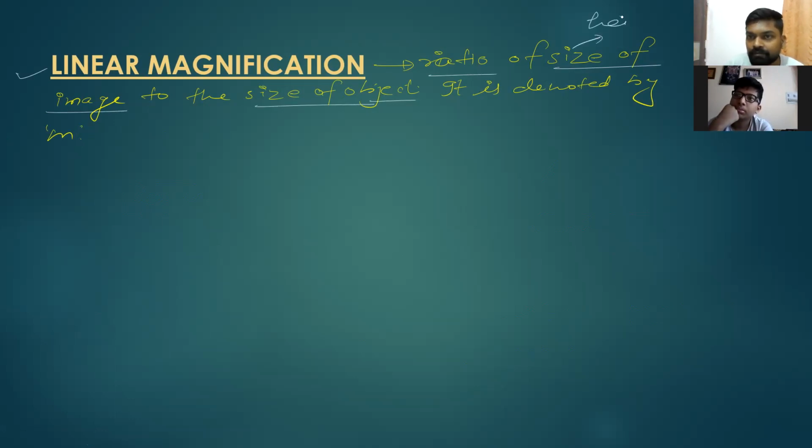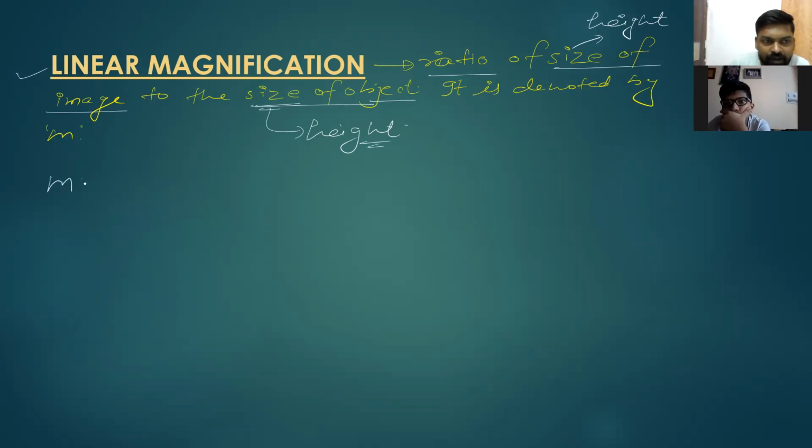Height and size are the same thing, right? Height or size, it is the same. So the ratio of height of image to the height of object. There is no problem if I use size or height.